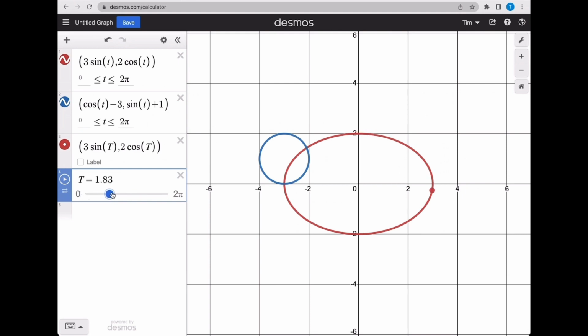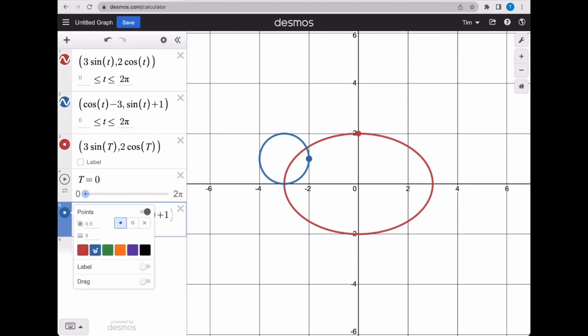It starts there and moves around the ellipse, and similarly for the circle, we're going to describe the point on the circle and look at how that point moves around as the parameter changes. So we have these two different points, the point on the circle and the point on the ellipse, and as t ranges from 0 to 2 pi, these two points move around.